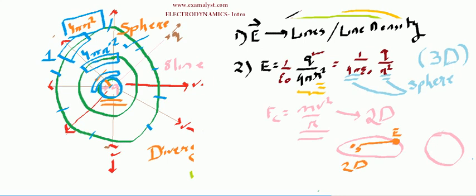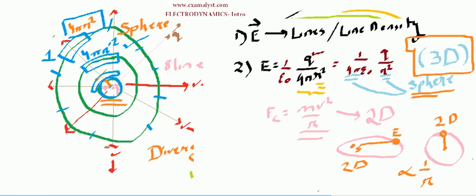If you take a stone and rotate it using a thread in a circular path, this is also 2D, and the force hence is proportional to r. There is no r squared term. Agreed? The r squared term only comes when you are working in 3D, because in 3D the force decreases as we go to higher and higher spheres.